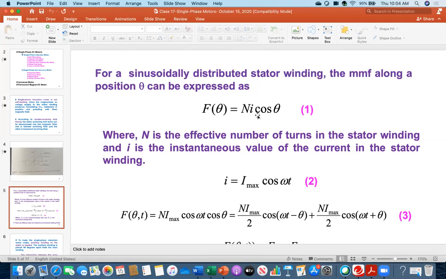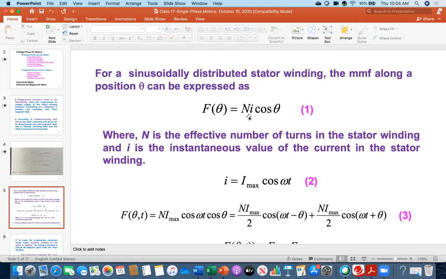So we are assuming that once we apply the voltage on the stator winding, it gains the magnetomotive force, which is this one, with respect to theta position. As I was telling you, it was just pulsating in space. So f(theta) = Ni cosine theta. I have written down the meaning.